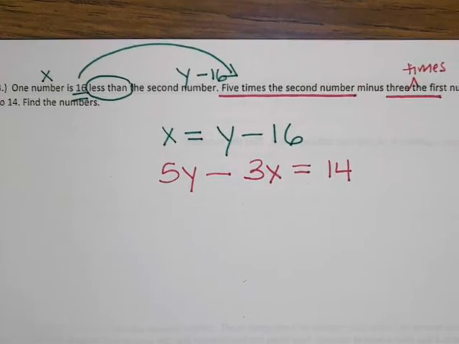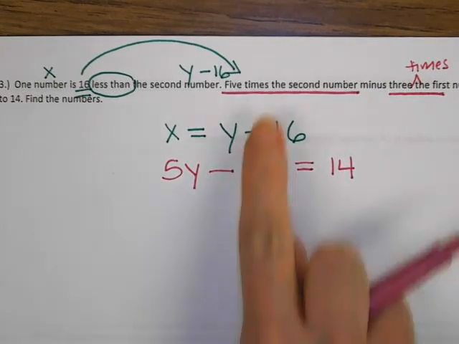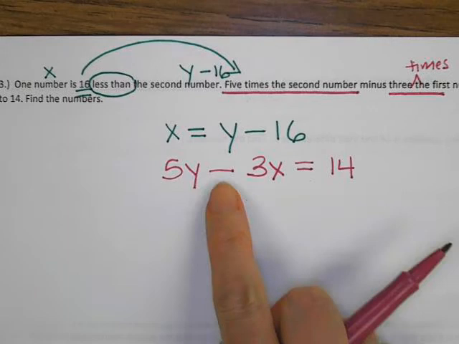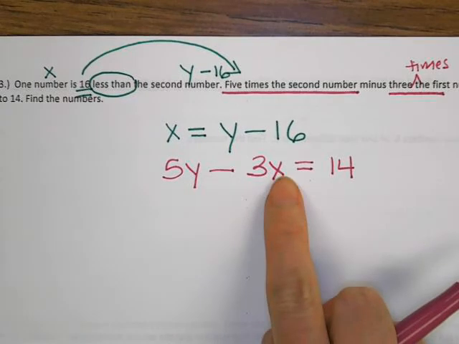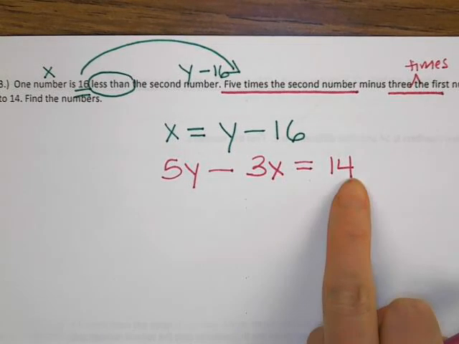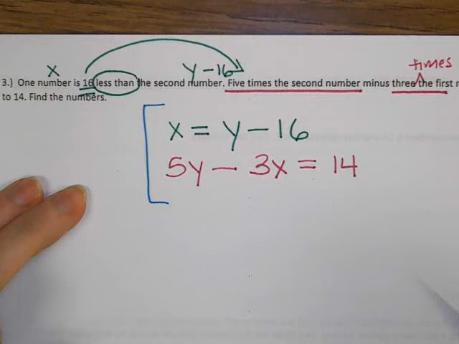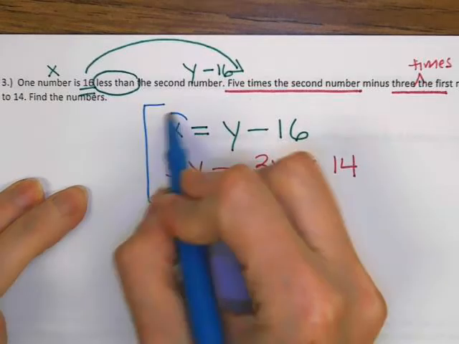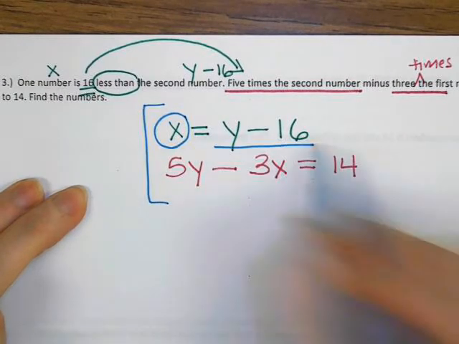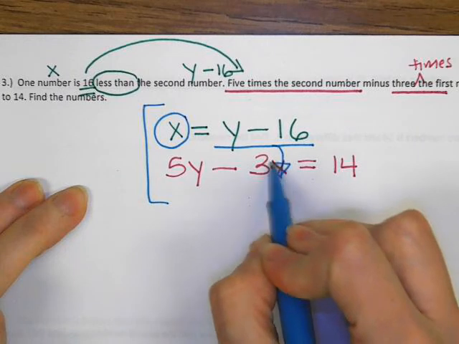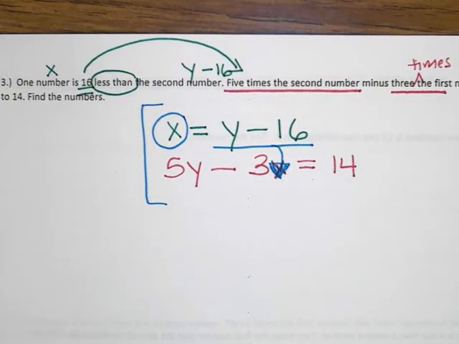So you just kind of like read it and write it as you go. 5 times the second number minus 3 times the first number equals 14. And I would say this would be another substitution. Because if x is y minus 16, then let's just sub that into x in the other equation.